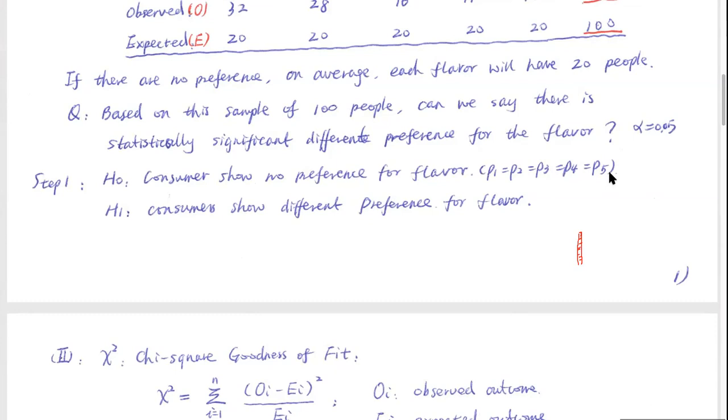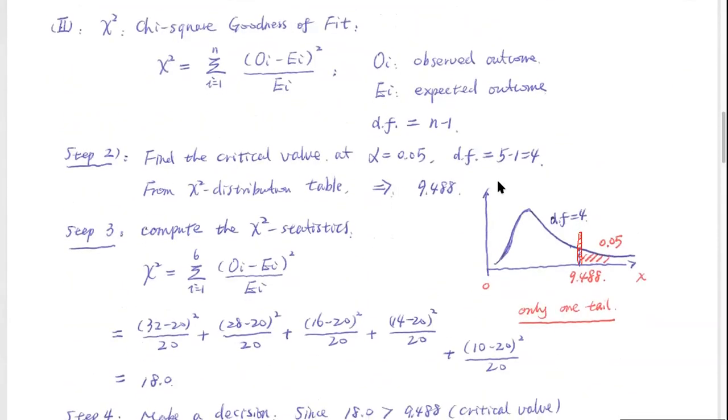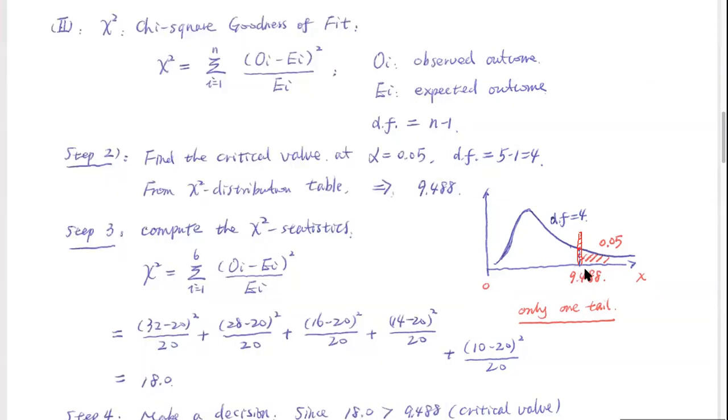So in a way, you can understand this as kind of a two-tail if you really want to classify it. But because the table here doesn't specify one tail or two tails, we simply use alpha, everybody. Whenever we are given the alpha, we just use that alpha directly. So you don't have to worry about one tail or two tail. Hopefully it's clear. Now, we got this critical value here, 9.488.